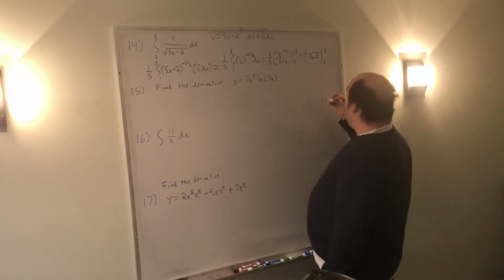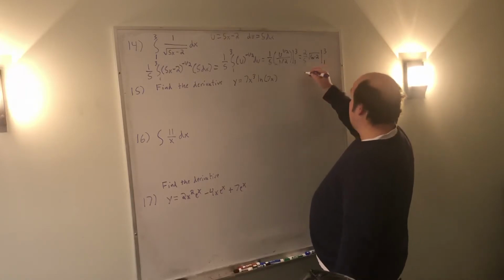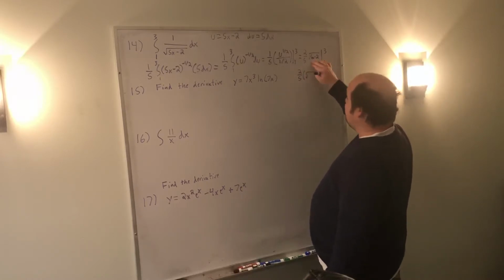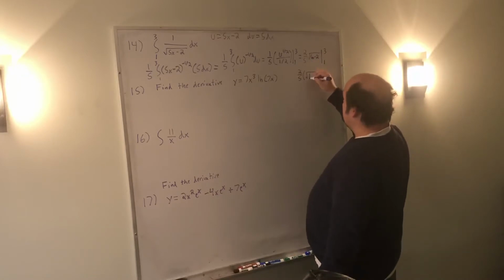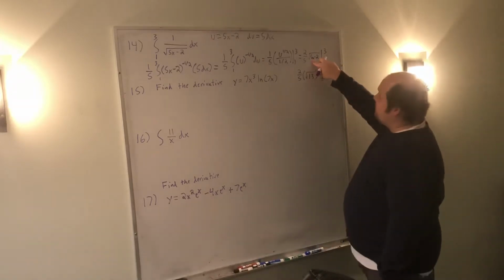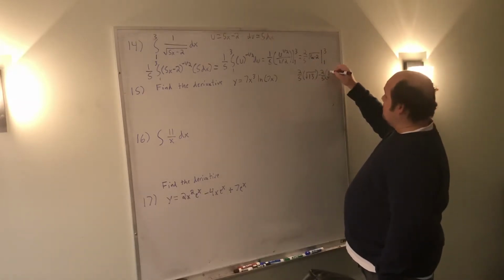When I put in a 3, that's going to give me 2/5 times the root of 3 times 5 is 15, minus 2 equals 13. From that, I'm going to subtract 2/5. When I put in a 1, I get 5 times 1 is 5, minus 2 is 3, so root of 3.